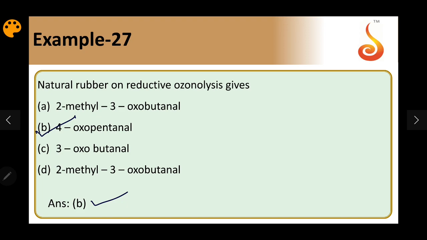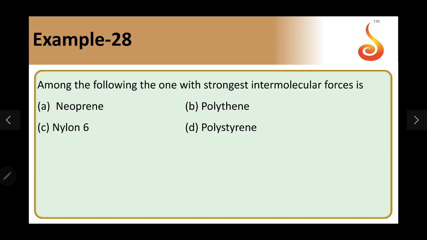Example 28. Among the following, the one with the strongest intermolecular forces. So this is also conceptual. Intermolecular forces are stronger for fibers, weak for elastomers. Neoprene is a rubber, so it is an elastomer. So this is not the strongest one.